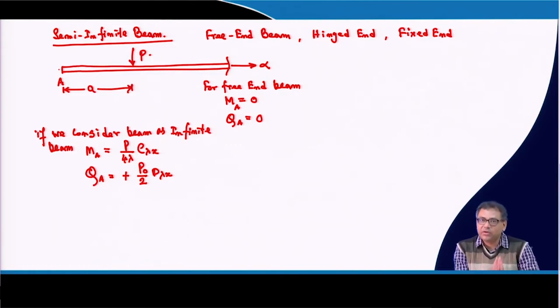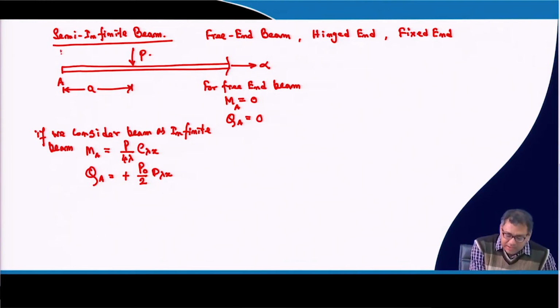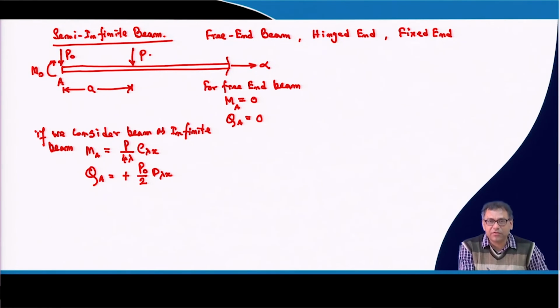Then it will be a semi-infinite beam with a free end, and the free end boundary condition will also be satisfied. So, we have to apply a force P_0 and a moment M_0 such that the net shear force and the moment will be 0 for this particular case.